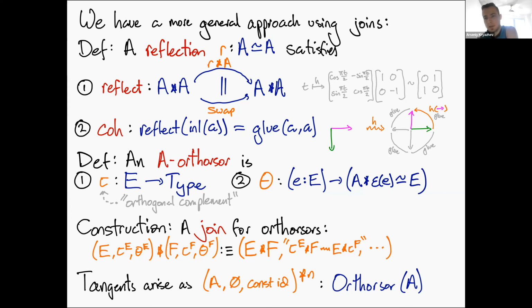Dan, did you want to say something about this point? Well, yeah, I could maybe just elaborate a little bit. I think the main reason is the generality, as David said. That's the reason we like the join one. In particular, you can start with a particular A-orthotorsor, and then iterate joining it, and we get new things.